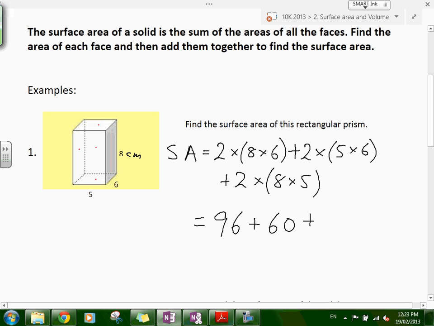Plus 8 times 5 is 40, times 2 is 80. If we add those up, we've got 140, 236 centimeters. So we're just finding the areas of each one and then adding them together. That's our first thing.